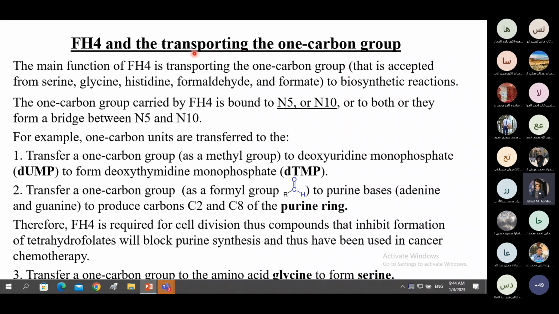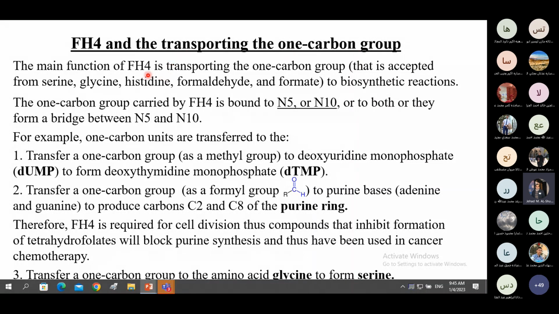This is the mechanism of its function. So FH4 does its function through transporting a 1 carbon group. So it is 1 atom of carbon in a group of atoms, but this group has only 1 carbon.